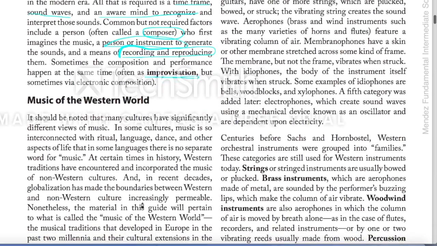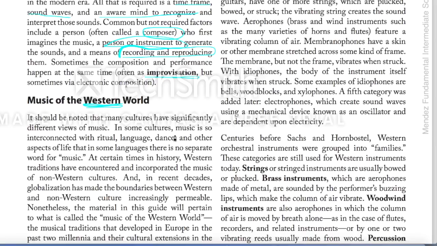All right, now let's move on to music of the Western world. When we talk about the Western world, we're really saying places like Europe and America, places that are not Eastern, like Asian countries. So Western means European. It should be noted that many cultures have significantly different views of music.